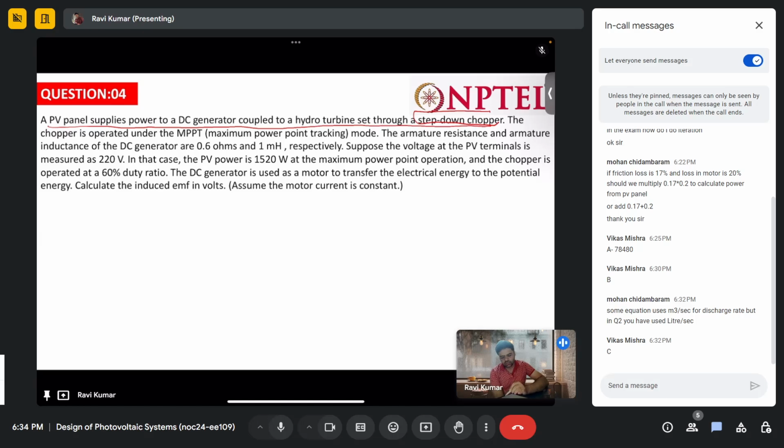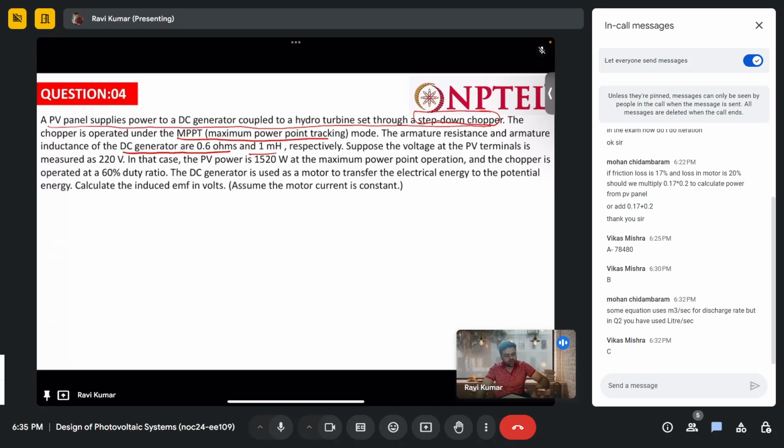The chopper is operated under the MPPT condition. The armature resistance and the armature inductance of the DC generator are 0.6 ohms and 1 micro. This is, I think, Henry, I forgot. Okay, so mH is the unit of this inductance.